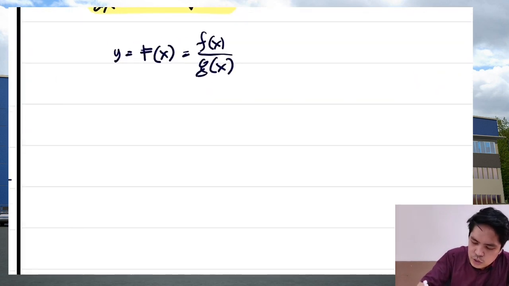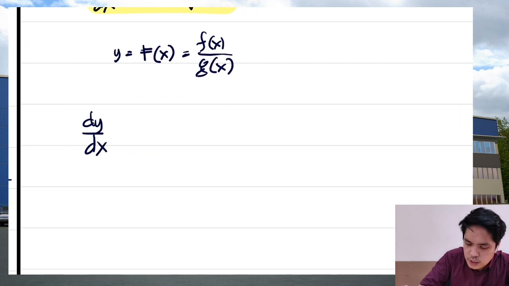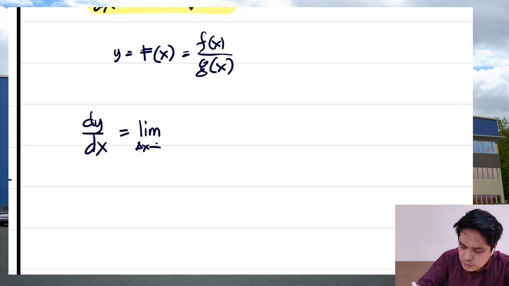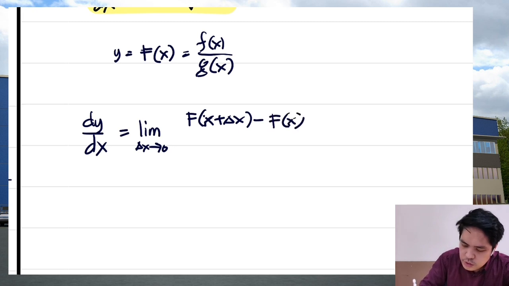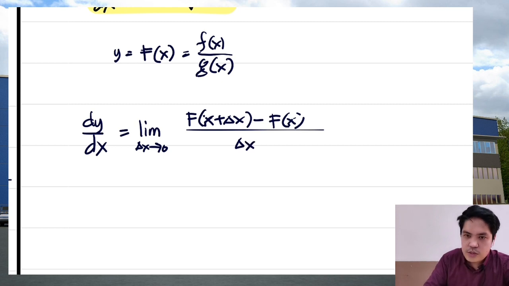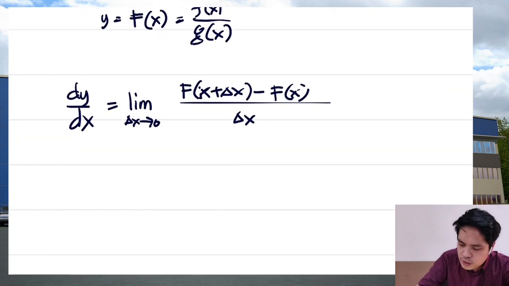So if you want to get dy over dx, we need to take the limit as delta x approaches 0 of F of x plus delta x minus F of x all over delta x. So yun yung derivative niya, di ba?